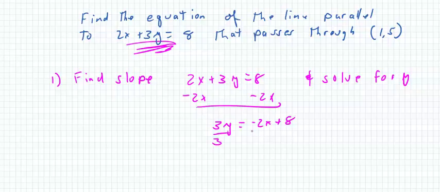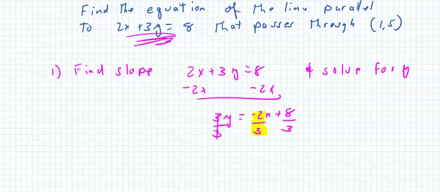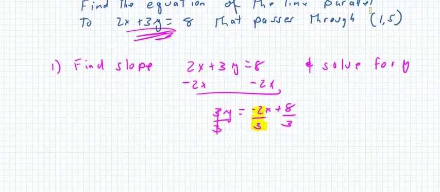Divide by 3, divide by 3, divide by 3. Negative 2/3, not the x, is my slope.